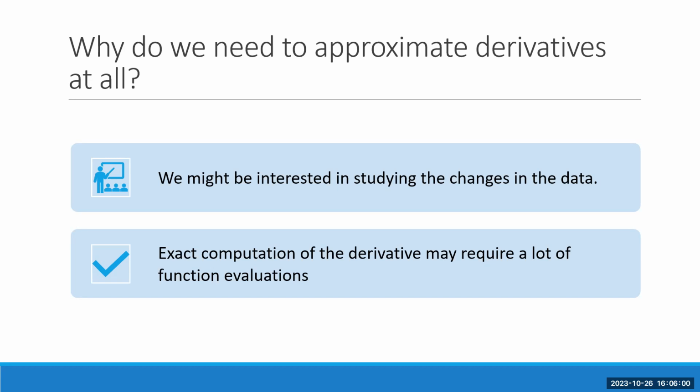Moreover, the exact computation of derivatives can be computationally intensive, especially for complex functions. So approximating derivatives allows us to obtain reasonably accurate results without the computational burden of an exact solution.